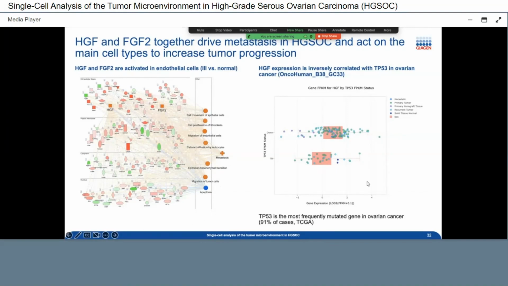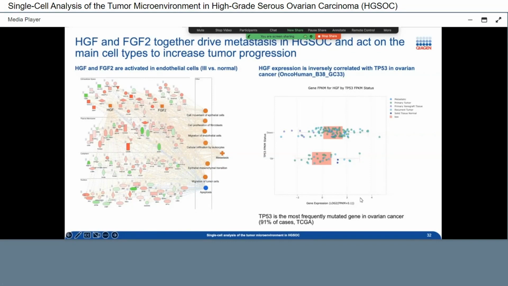Well, what I would like to know, because let's say I didn't know too much about HGF, is what's the relation between HGF and TP53. Why TP53? Because this is the most mutated gene in ovarian carcinoma. In 91% of cases, according to TCGA, we have a mutation of TP53. So that tumor suppressor is mutated. And here you can see the expression of HGF based on the expression of TP53.